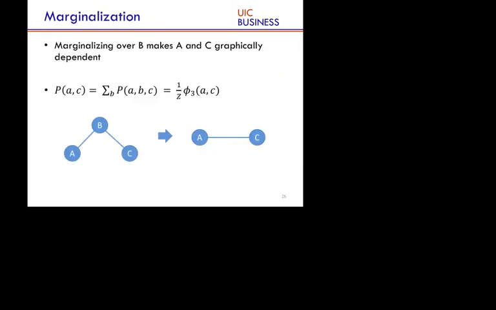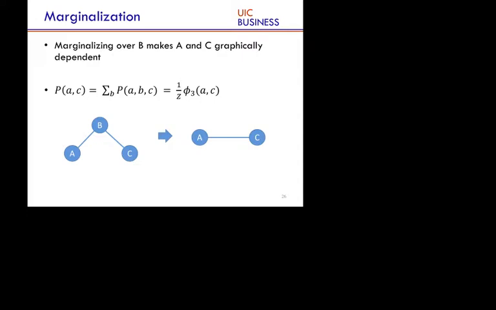Okay, let's look at a couple of concepts. So first thing is marginalization on this undirected graphical model. Marginalization is essentially summing over all the irrelevant random variables.